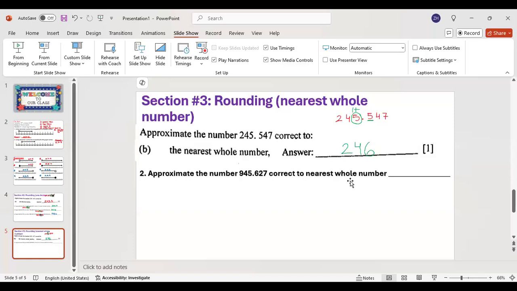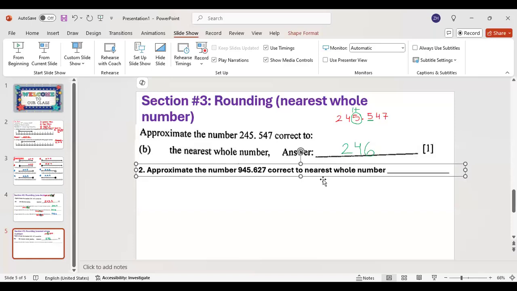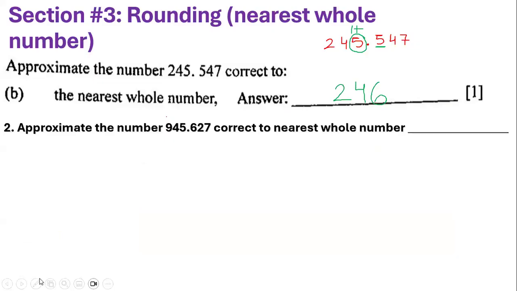Correct to the nearest whole number. All right, how are we gonna do this? We have 9, 4, 5. Point what? 627.